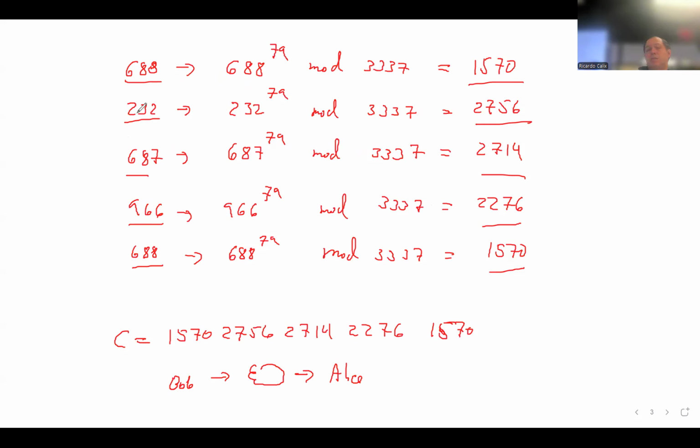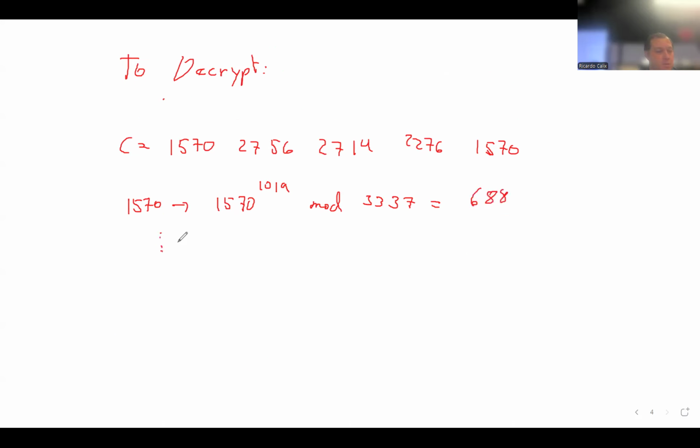Got it? And so this is how you can go from these. I'm going to skip to the last two, I guess. 2276, and the last one was actually 1570. So it's the same. So this is 2276 to the 1019 mod 3337.